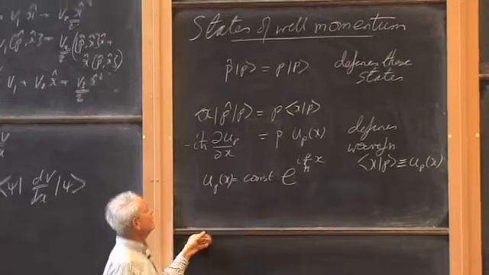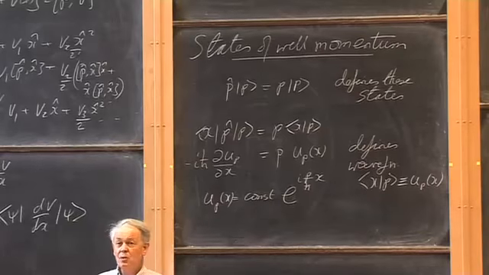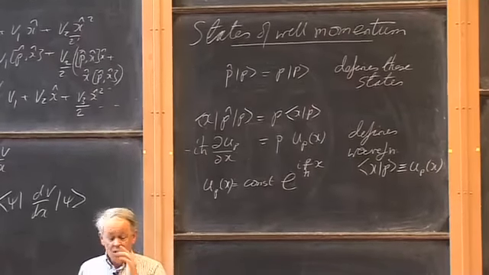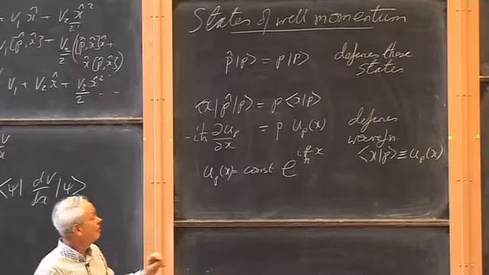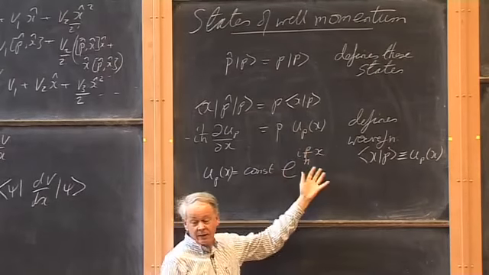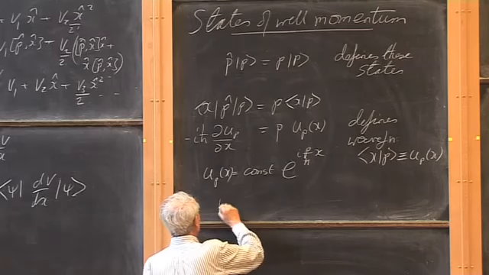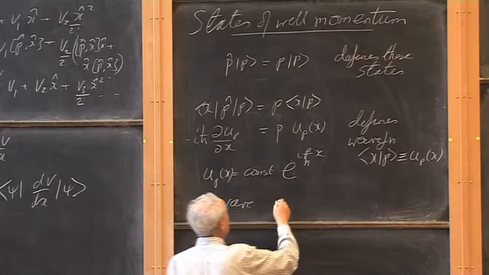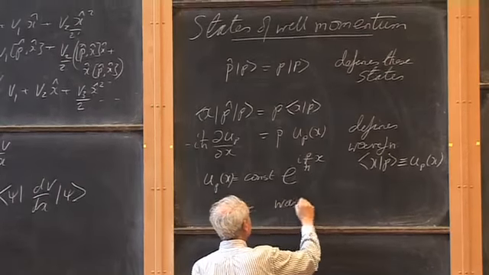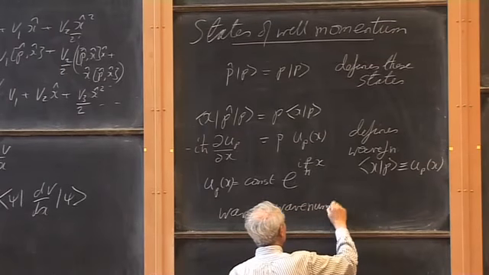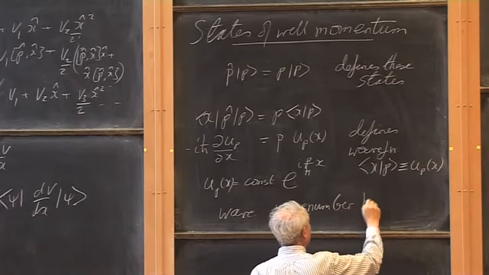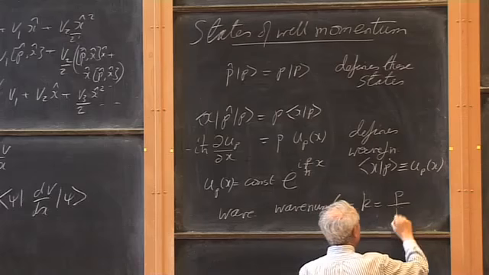So a state of well-defined momentum, the states in which you are certain to measure a given value of the momentum, is a plane wave, is a wave like this. So it's a wave, and the wave number, usually called k, is the momentum divided by h bar.